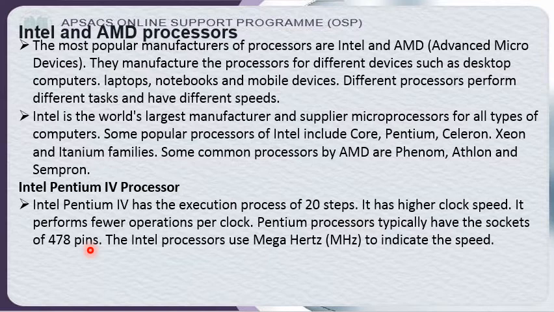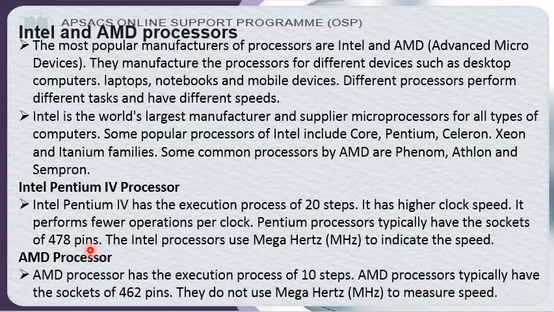Remember that the Pentium 4 processor's speed was in megahertz, not gigahertz. I still remember, while I was using a Pentium 4 computer, its speed started from 733, because Pentium 3 stopped at 733 megahertz, but when Pentium 4 started, from 733 megahertz onward, that was a Pentium 4 processor.